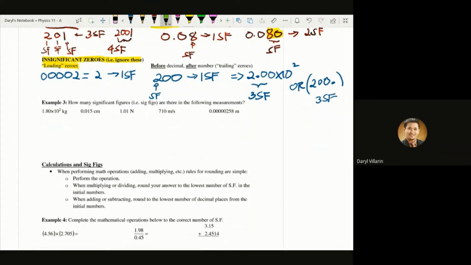Let's say for the first one, 1.80 times 10 to the power of 2. How many significant figures would this have?